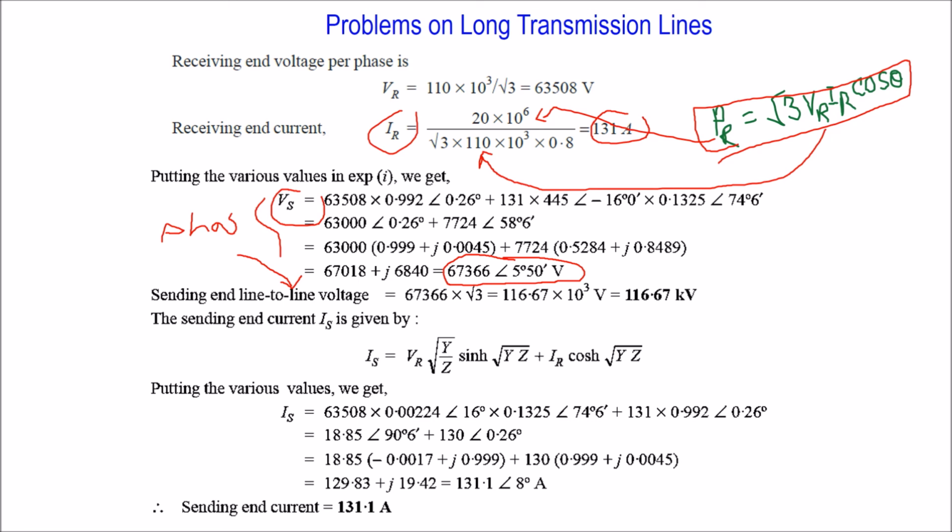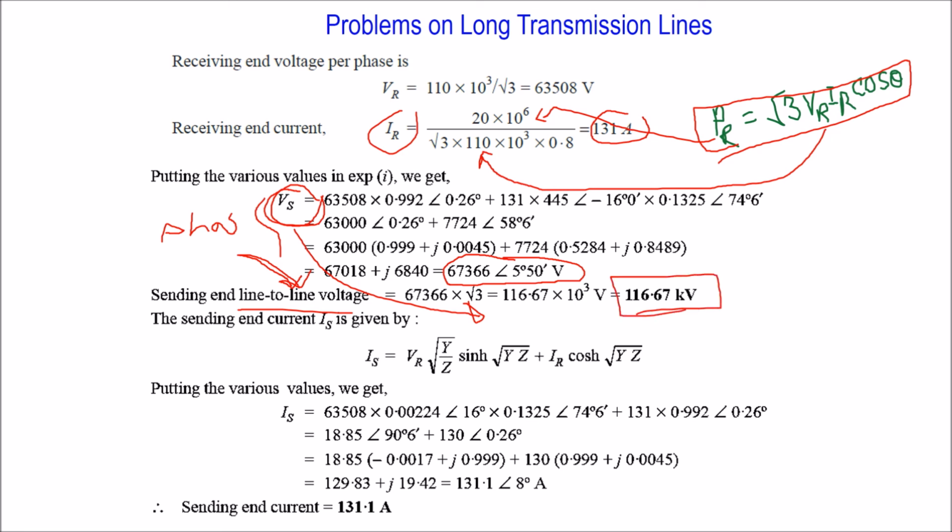So this is the sending end phase voltage. So we can easily get the sending end line to line voltage by multiplying this Vs by root 3 and finally we get 116.67 kilovolt, right?